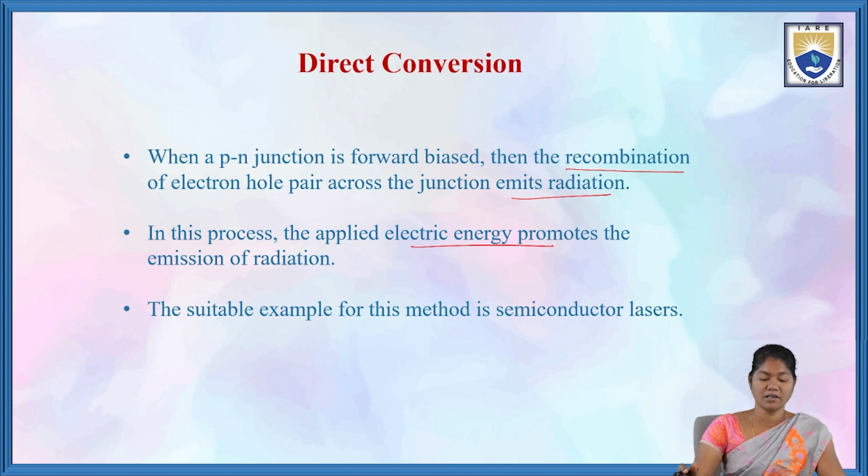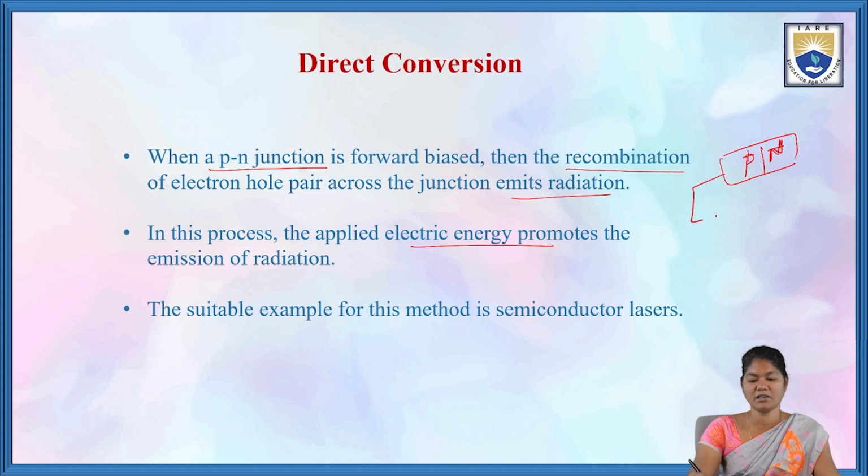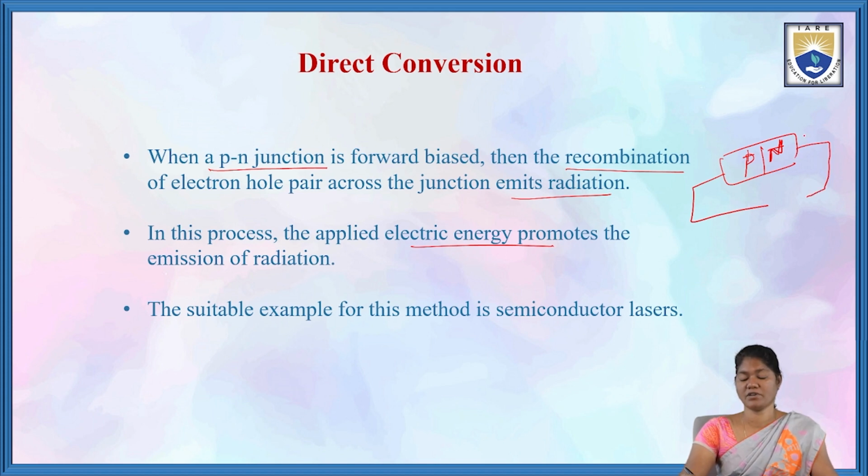Here in this method, we are using a PN junction, that is a semiconductor. P type has more positive charge carriers, and N type has more negative charge carriers.